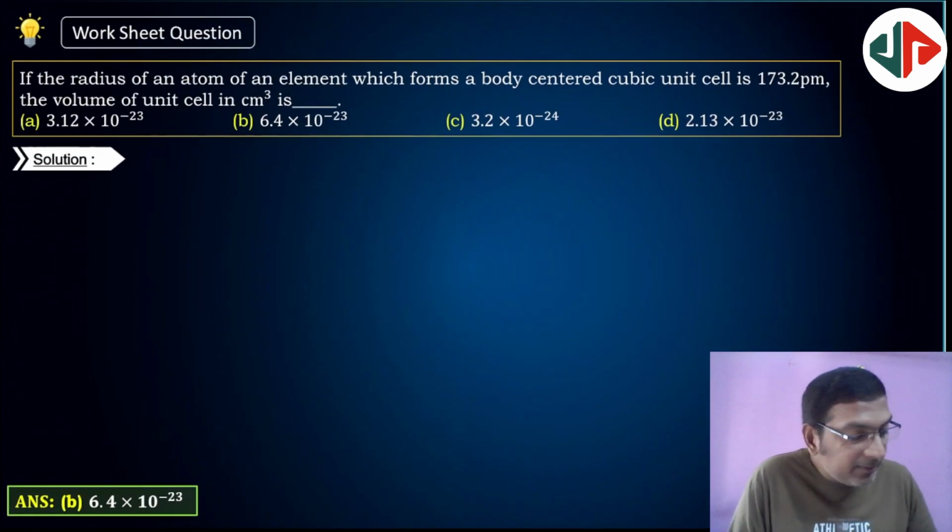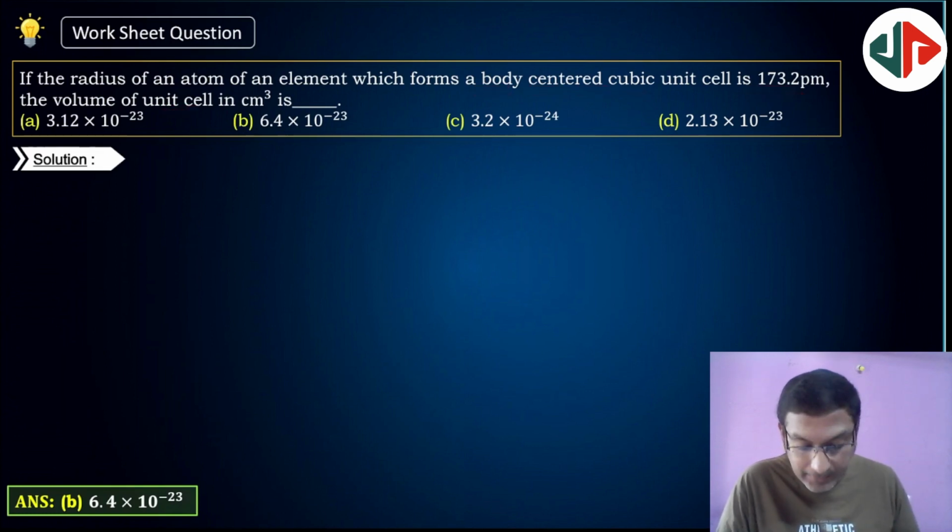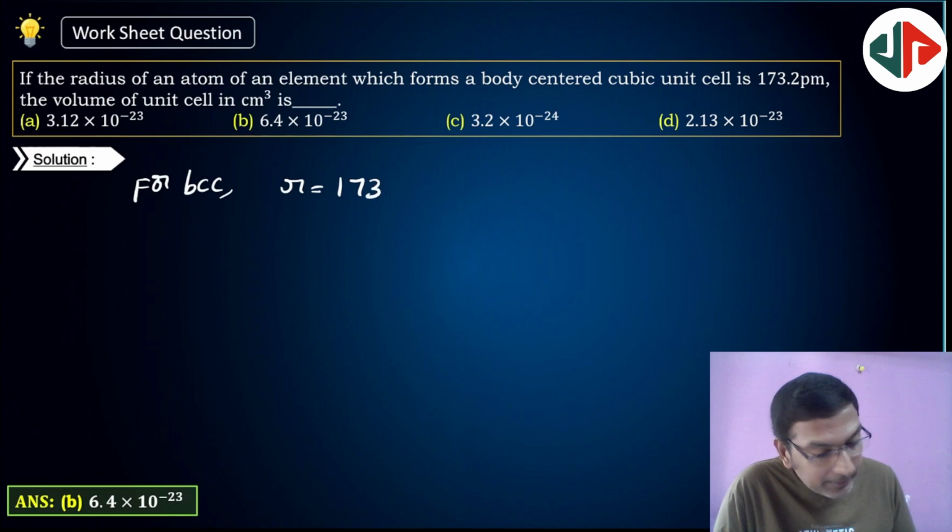The radius of an atom of an element which forms body-centered cubic is 173.2 picometers. Volume is given by. It is given radius. So for BCC, radius is given, 173.2 picometers.